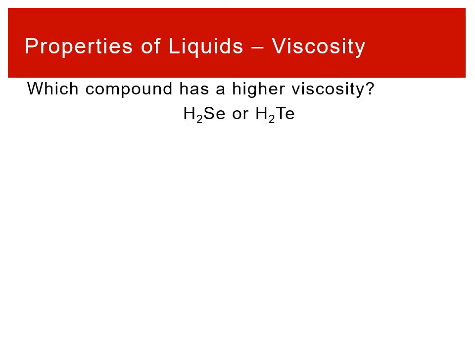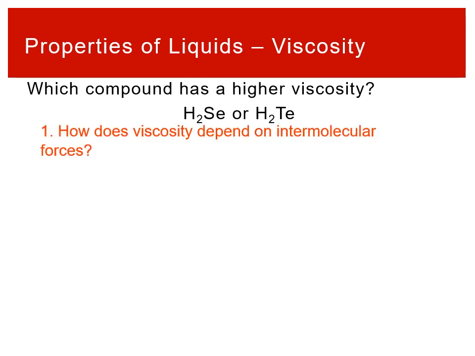Which compound has a higher viscosity, H2Se or H2Te? Whenever we're looking at predicting liquid properties, and especially relating them to the compound itself, the formula, we want to think about how that property depends on the intermolecular force, because that's what's really the factor in these compounds: what intermolecular forces they have.